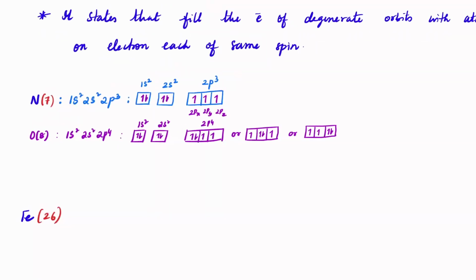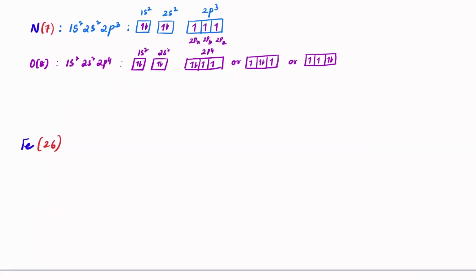Let me do the same thing for iron. Iron up to argon, all of them are completely filled, so I'm not writing anything about argon. Then we have 4s2 and 3d6. You only write the boxes where you have incomplete electrons. So 1, 2, 3, 4, 5. Up to argon, all the orbitals have been completely filled with electrons.